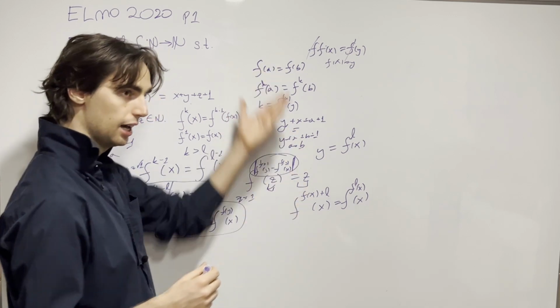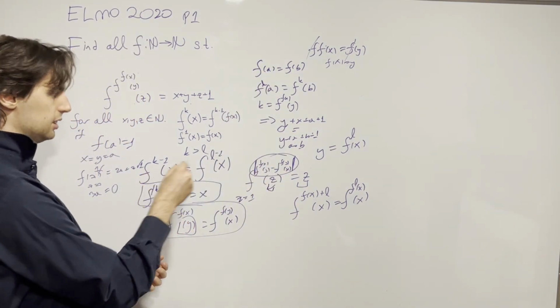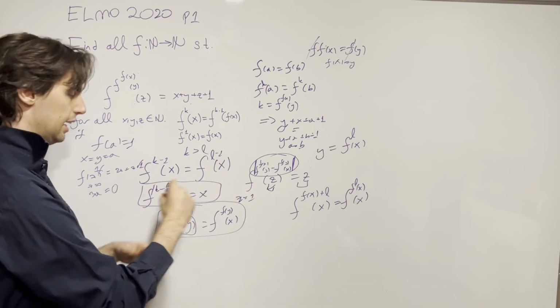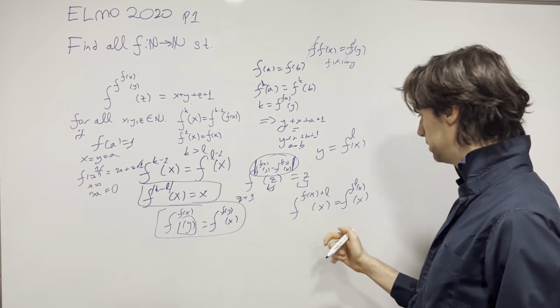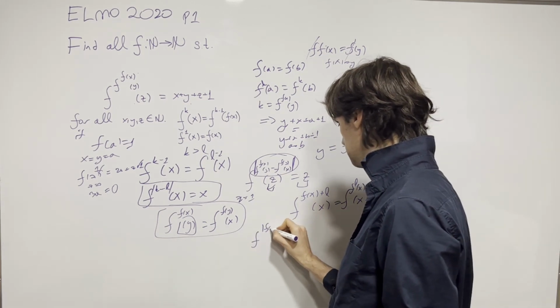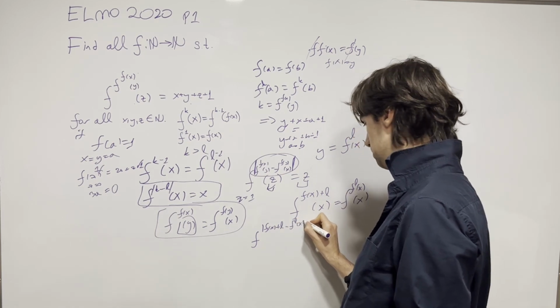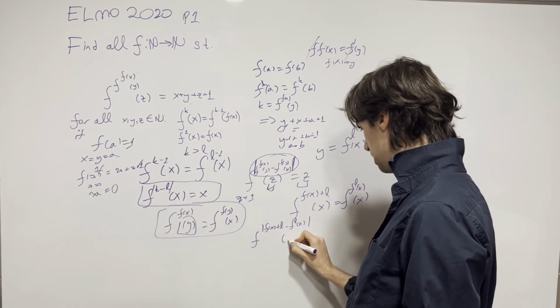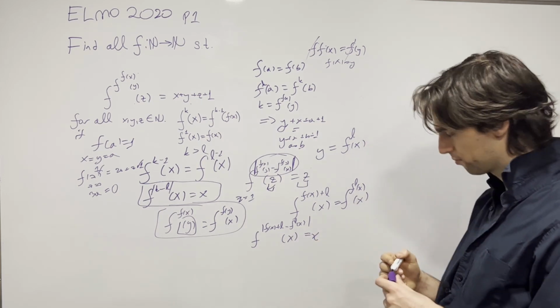I have this rule. If f^k(x) is f^l(x), then I have the absolute difference. So now here what I have is f of the absolute difference of f^(x+L) minus f^L(x) is going to equal x.